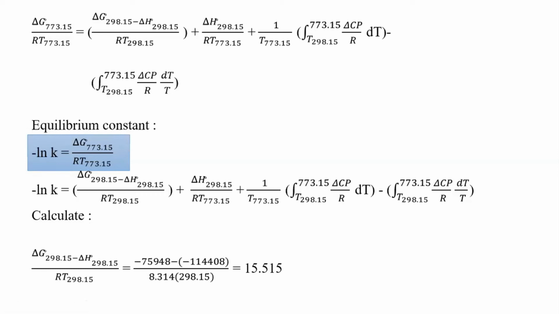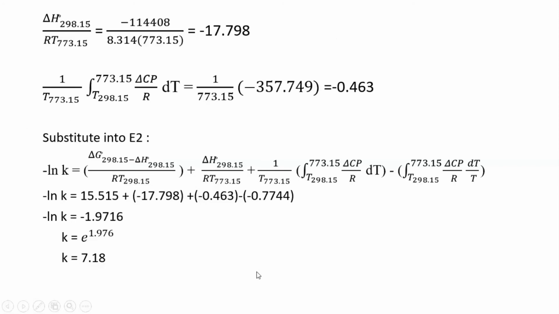I will show you step by step how to calculate the value of K. Here, this is delta G minus delta H at standard state, which we have already calculated before, over RT at 298.15, equal to 15.515. Then delta H at standard state over RT at 773.15 equal to negative 17.798.